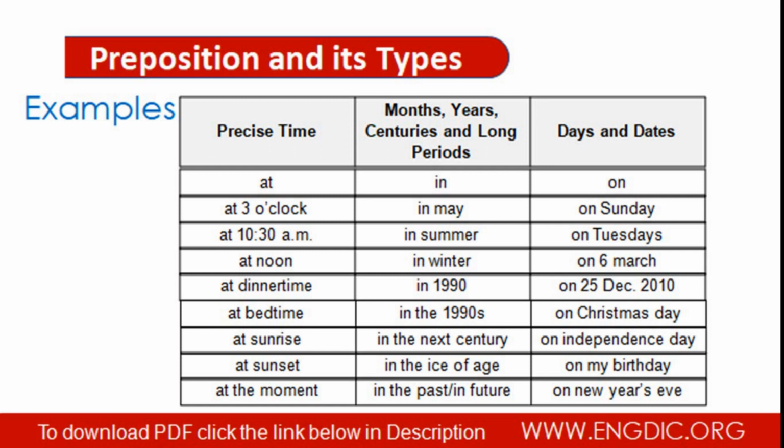The second column is showing prepositions for months, years, centuries, and long periods: in May, in summer, in winter, in 1990, in the 90s, in the next century, in the Ice Age, in the past, or in the future.